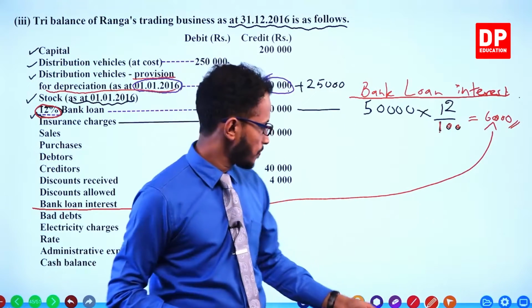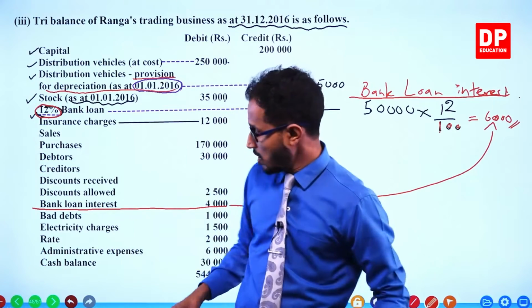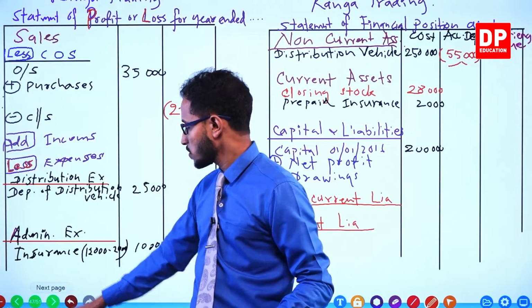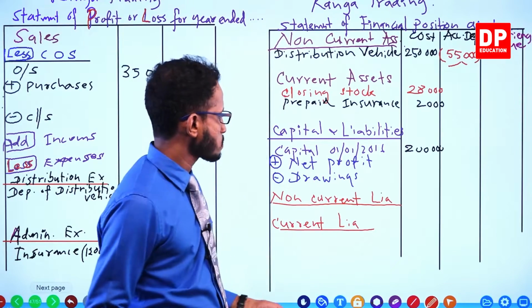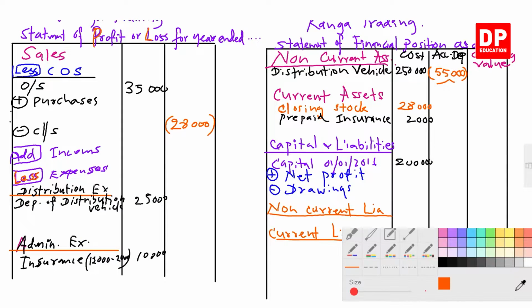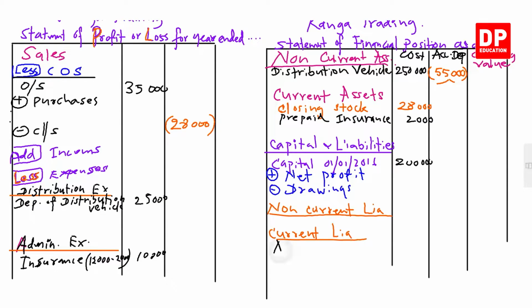That's how you do it. So let's take the accrued interest to the SOFP. Accrued means unpaid. Unpaid are liabilities. Accrued bank loan interest 2,000.